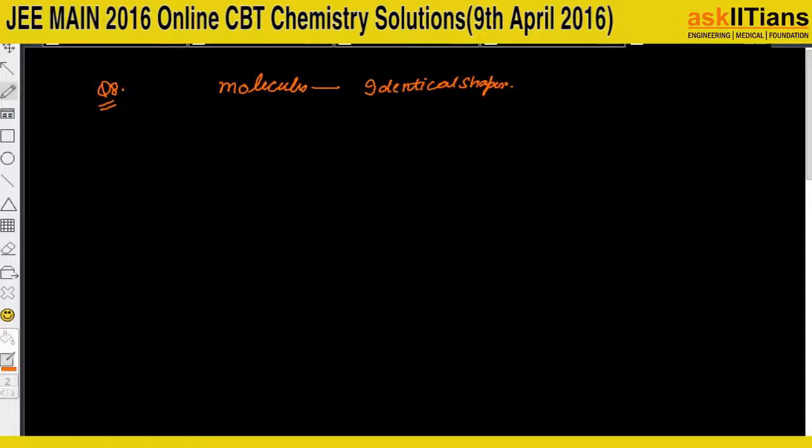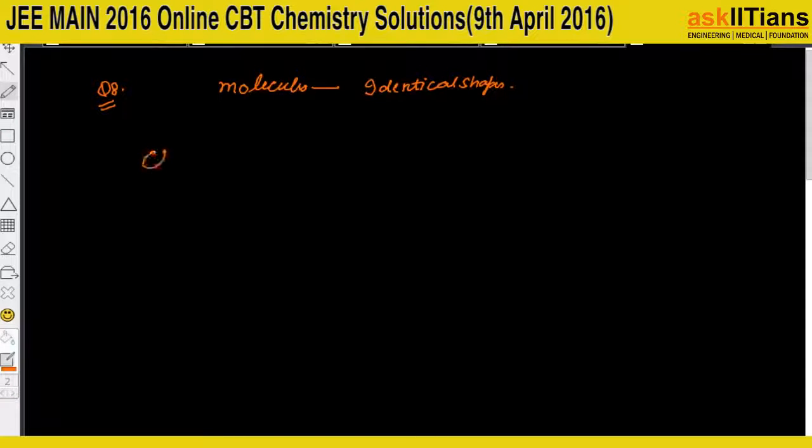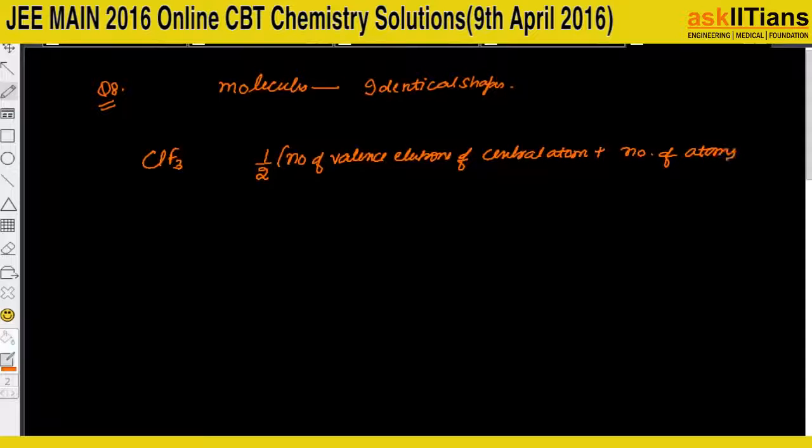Now let us go for the first option. The first option is ClF3, XeOF2, XeF3 positive. So let us say ClF3. We here have to use the very simple formula of half number of valence electrons of central atom plus number of atoms attached by single bond, plus minus the charge.